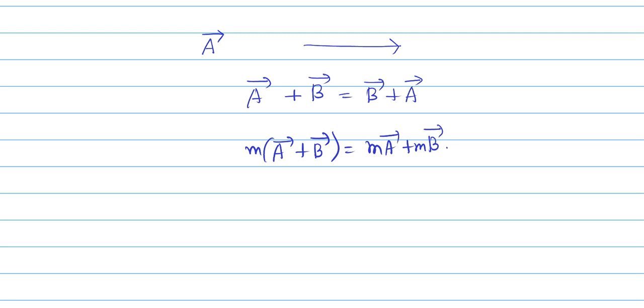So mathematicians have made a list of properties that can be associated with a vector space. Let's see those properties.